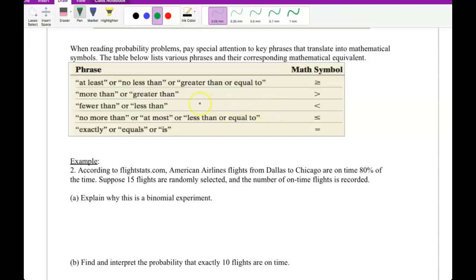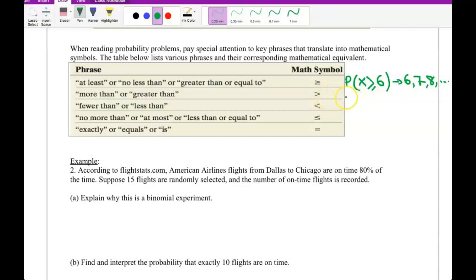Okay, now on this part we have "at least," which means no less than, or greater than or equal to, and this is the minimum for it. For example, if we had the probability of x greater than or equal to 6, we need to consider the values of x starting from 6, then 7, 8, up to infinity.